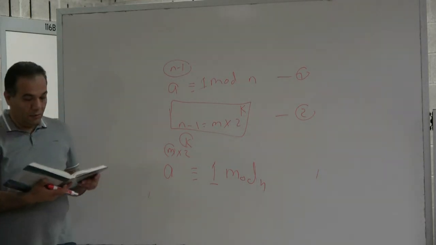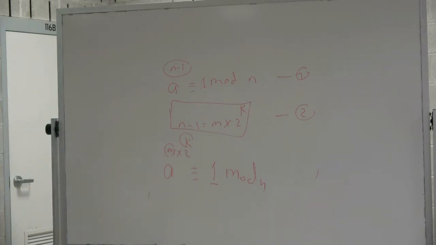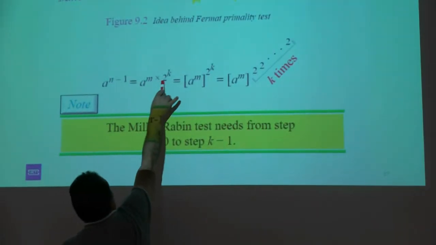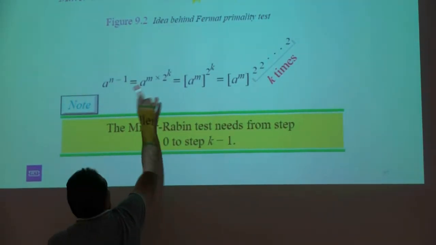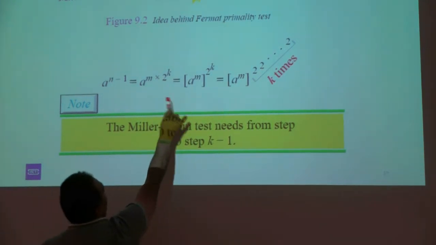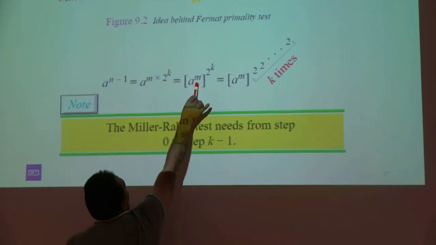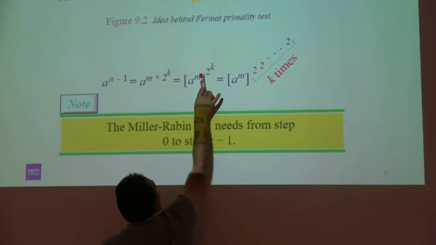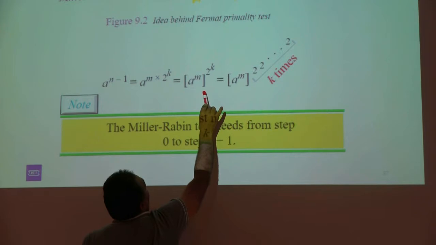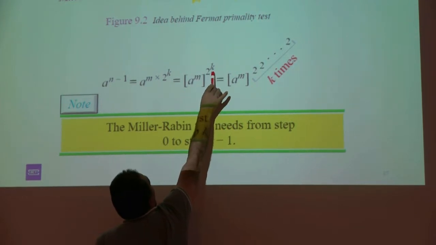So basically, that's what you do in here. Look, a to the power n minus 1, you replace it with this because n minus 1 was set to be that. If you format it in a better way, it will be a to the power m to the power 2k. If k is 1, then you have 2.